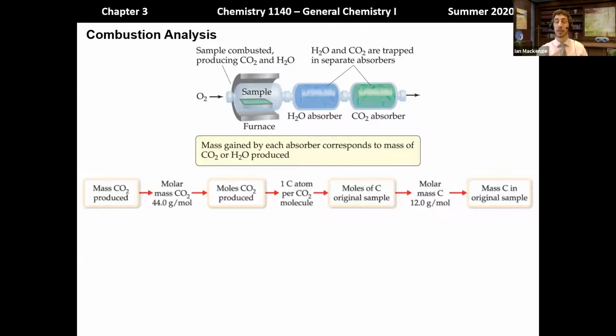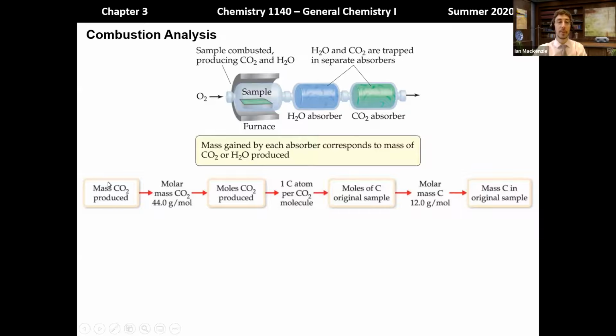Well, let's look at this process, and this will help us to determine the back calculation for determining first just the percentage of each element present in the molecule, and then finally we will work our way back to the formula.